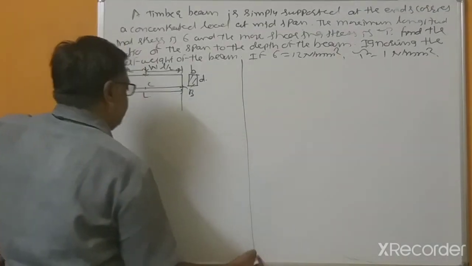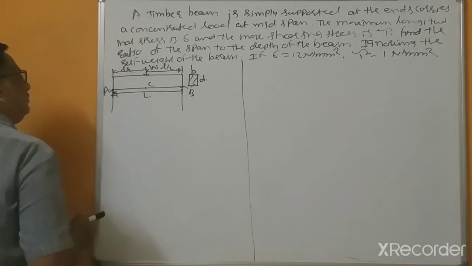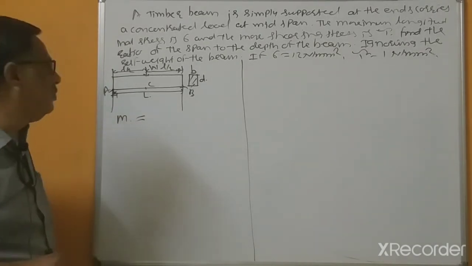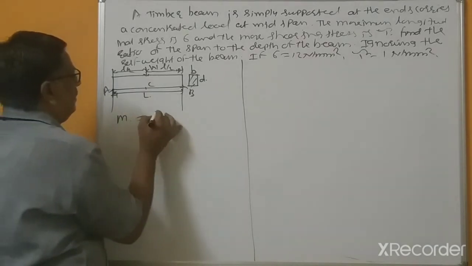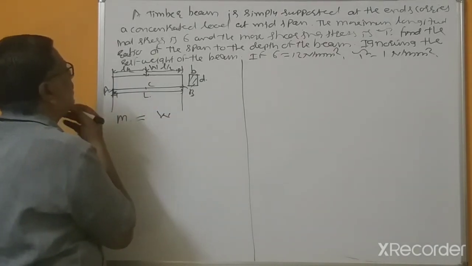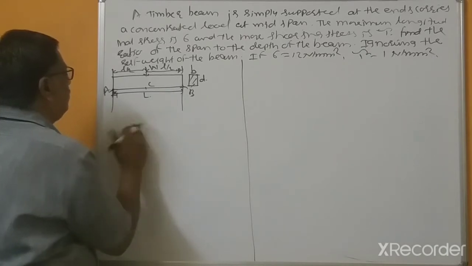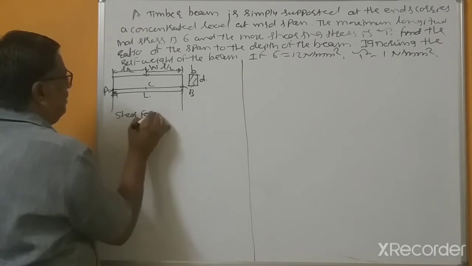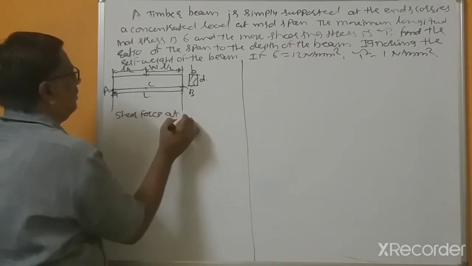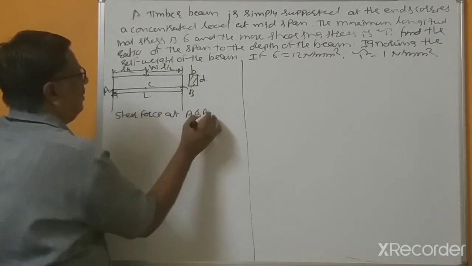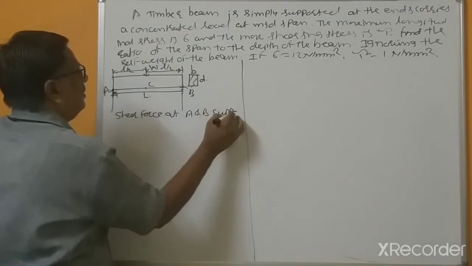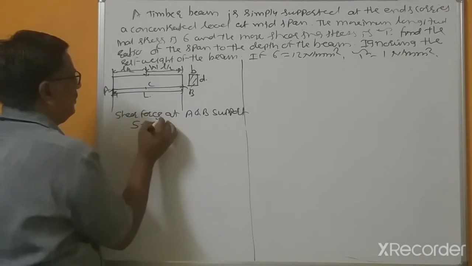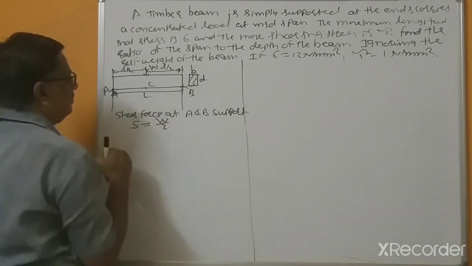So the shear force at A and B supports, S equal to, this is maximum W by 2.